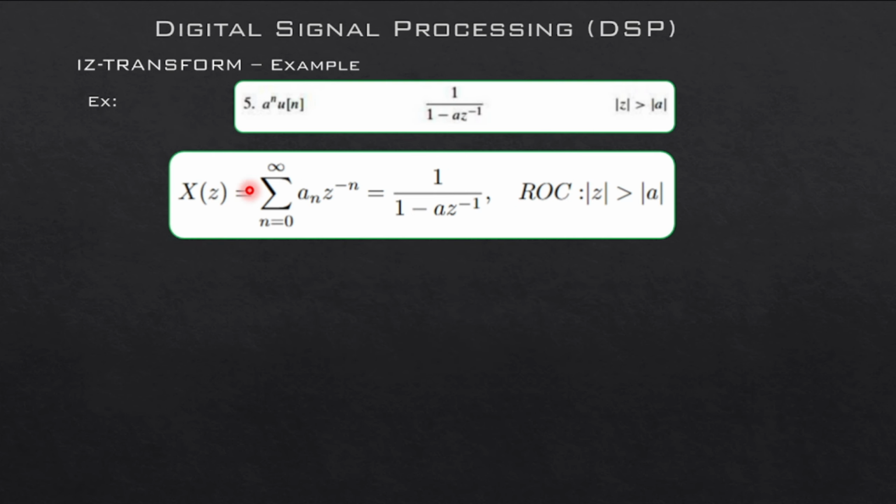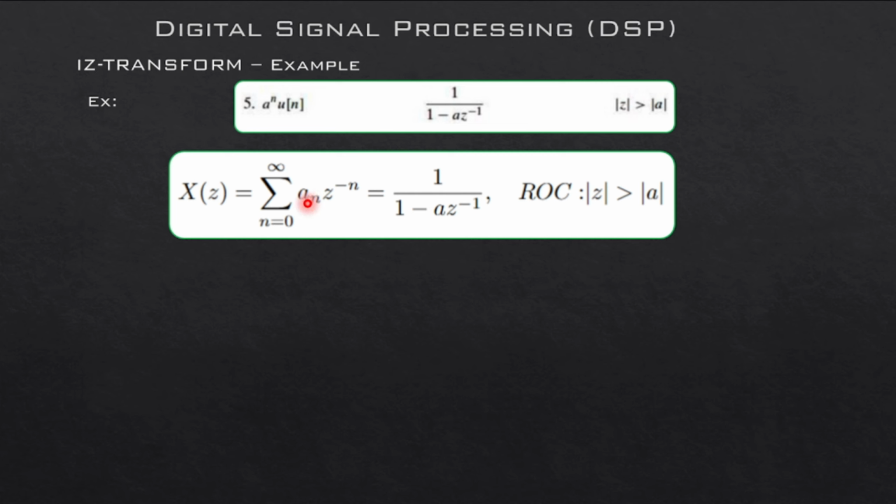So let's say, for instance, you have a function a to the power n u n. It has the transform 1 over 1 minus a z to the power minus 1. A could be an integer or a float, but it's a positive value. So z should be greater than a in absolute value for the region of convergence.